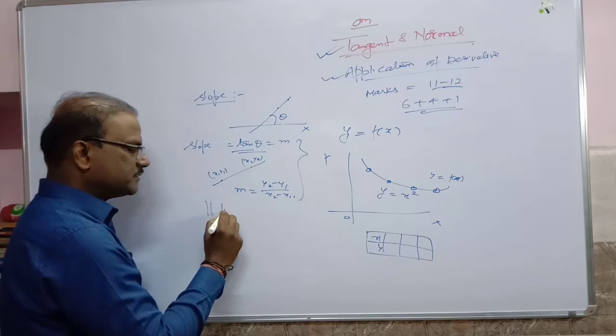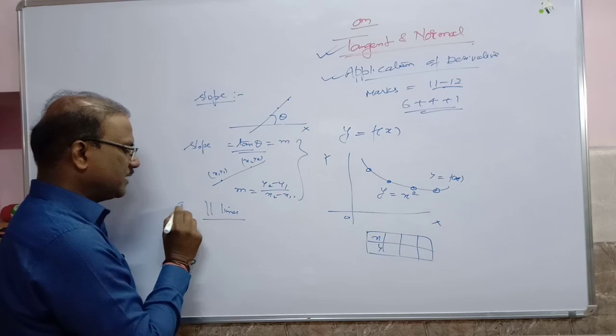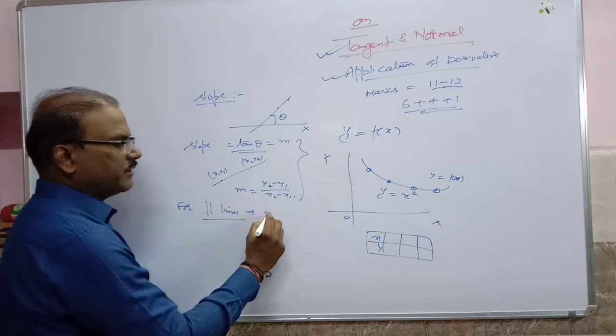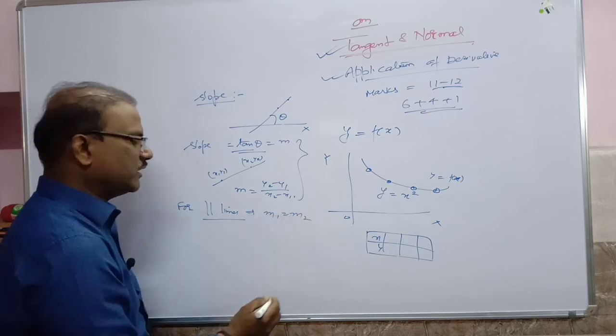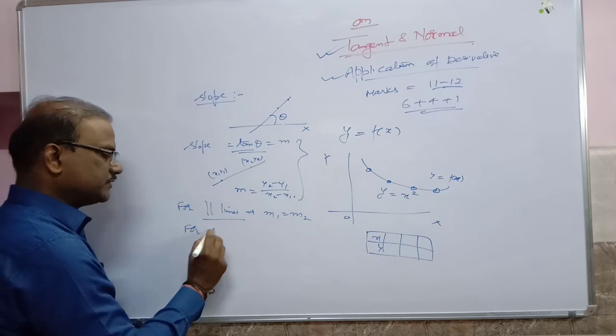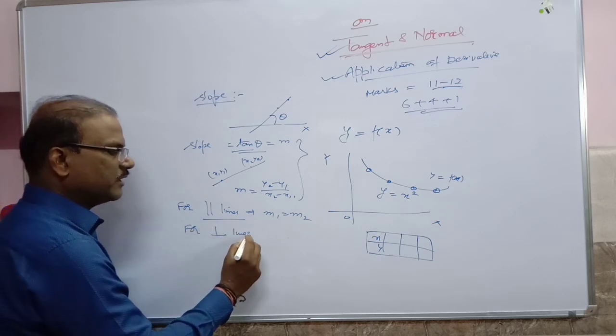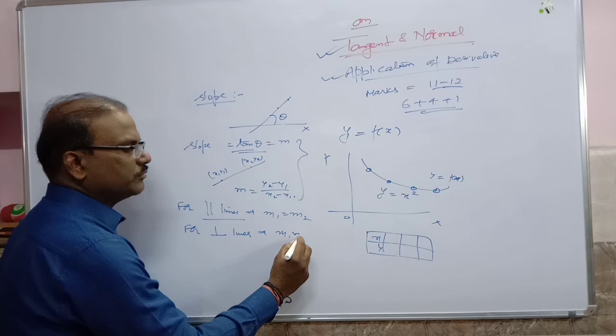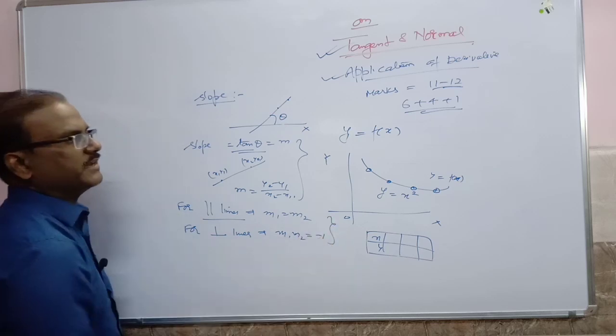For parallel lines, m1 and m2 are equal. For perpendicular lines, m1 into m2 equals minus 1.